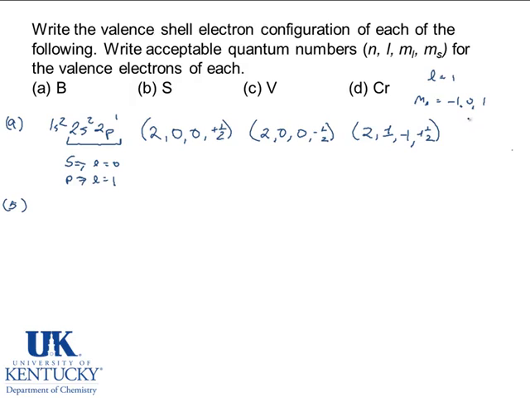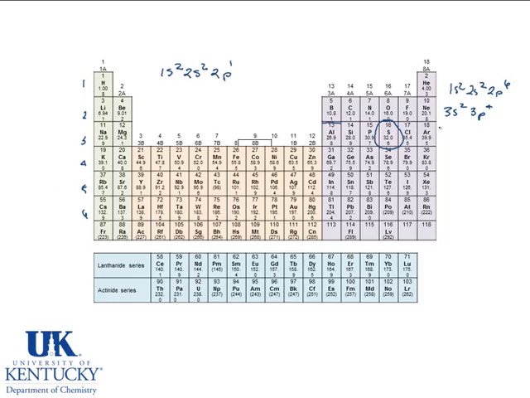So let's write that out: 1s2, 2s2, 2p6, 3s2, 3p4. Now, a quicker way to do that is to look at the periodic table and find the noble gas that comes prior to sulfur. That would be neon.